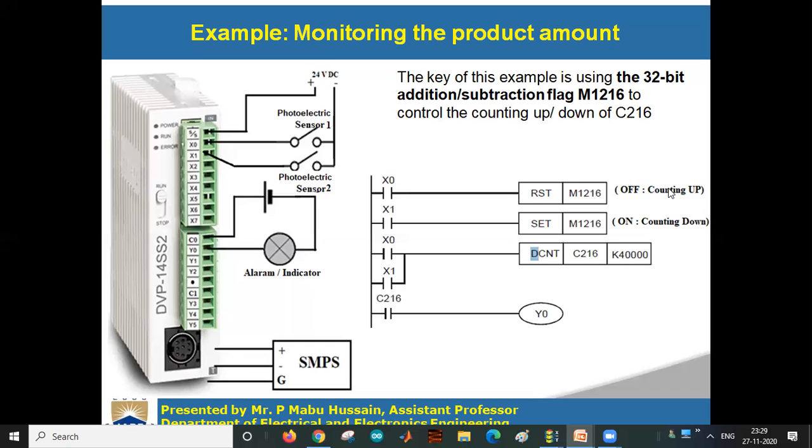X0 on, M1216 off, counter up. So now X0 is on, so this counter C216 value will be incremented by 1. Similarly, whenever sensor 2 is on, the M1216 flag register will be set. That means it will be on, and the counter will count down by 1.